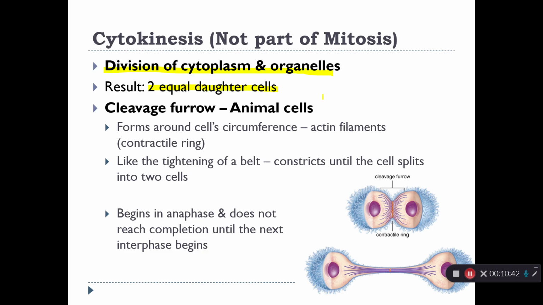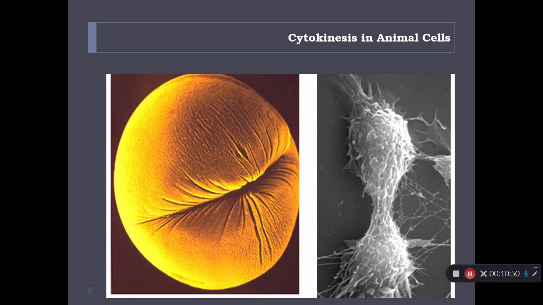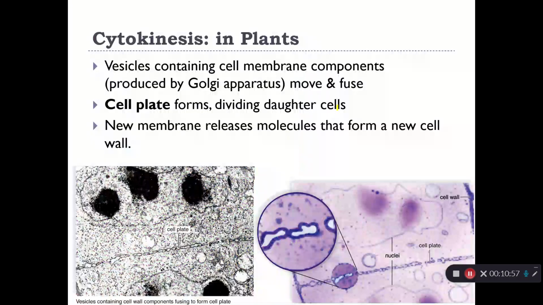We talked about that furrowing. Two identical cells. Okay, there's cytokinesis in animals. And this, we don't have a cell wall, so it doesn't look like it has a cell wall. In plants, there's a cell wall, so they form this, highlight, cell plate.